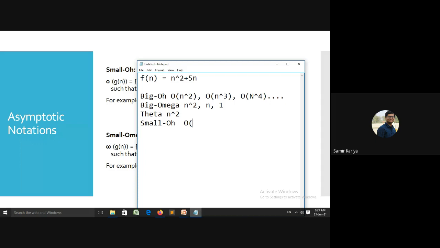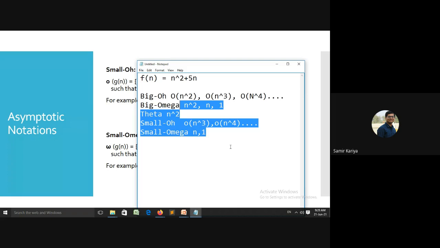So I can write here n raised to 3, order of n raised to 4, and so on. Small omega. Here it's a small omega. So I cannot write here n square, but I can write here n and 1. So these 5 asymptotic notations here is complete.